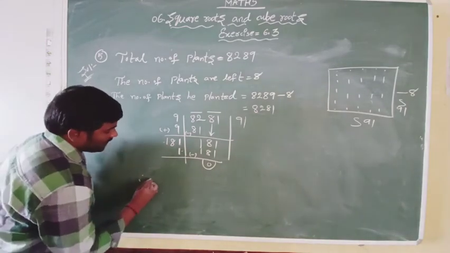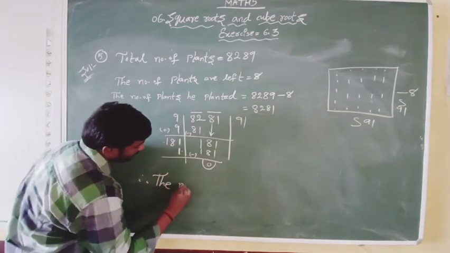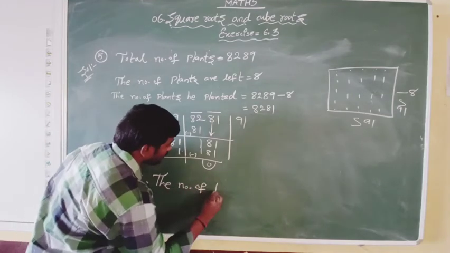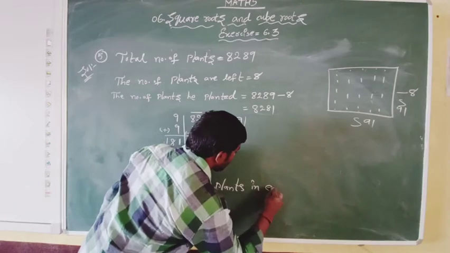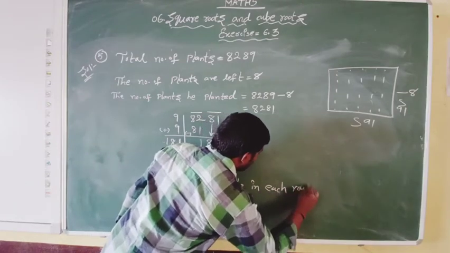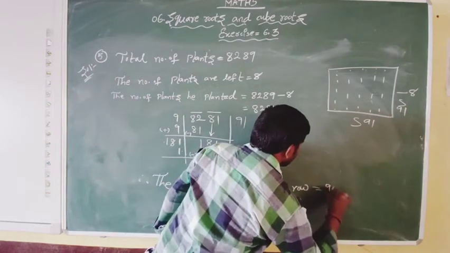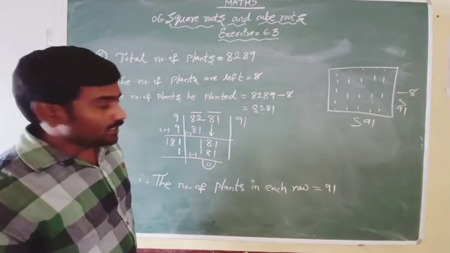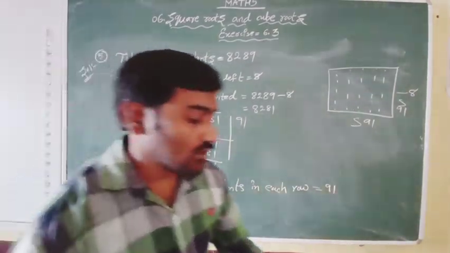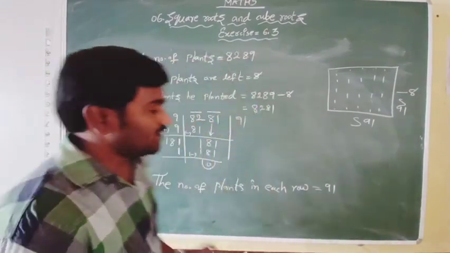Therefore the number of plants in each row is equal to 91. 91 plants are there in each row, so that it becomes a square shape. Then 8 plants will be left over.